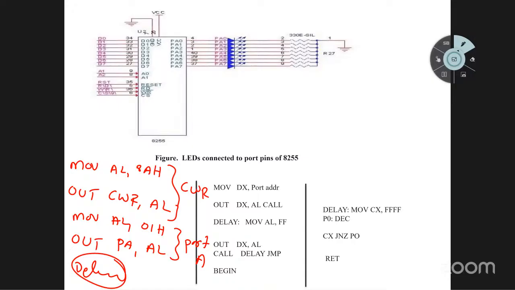And write the simple program. Yes, everyone draw the structure.